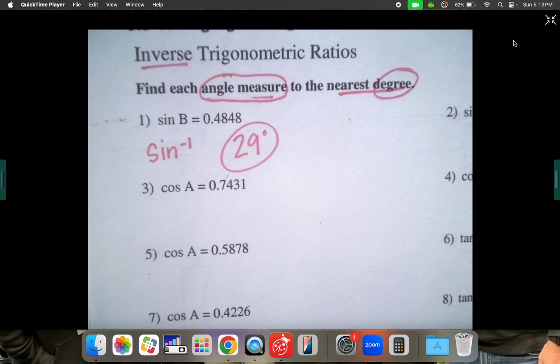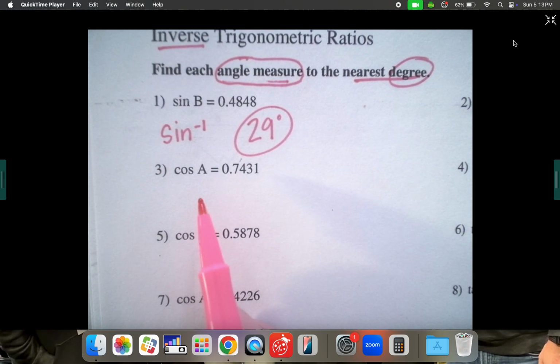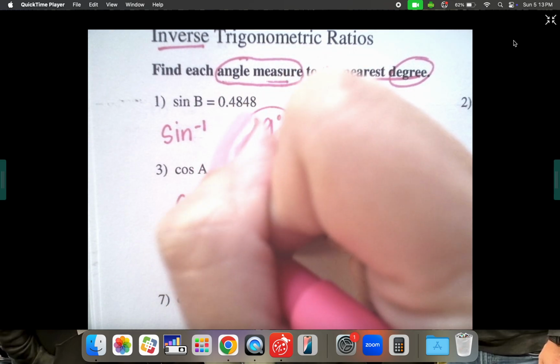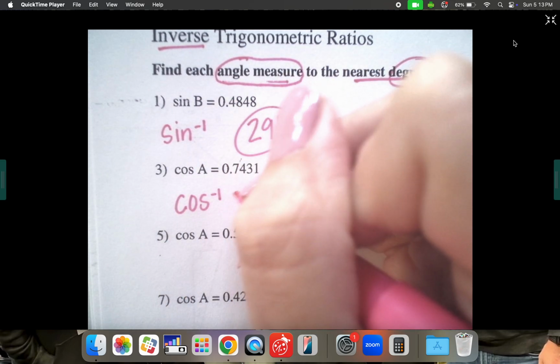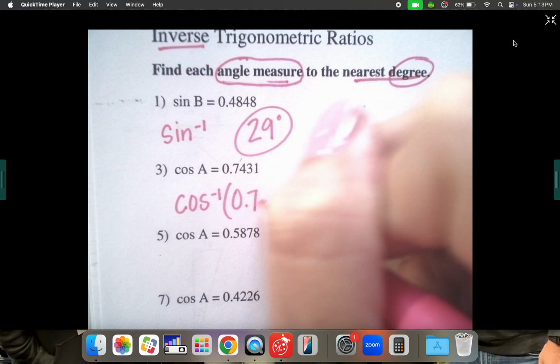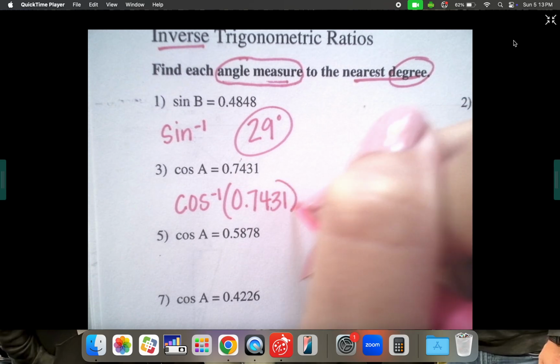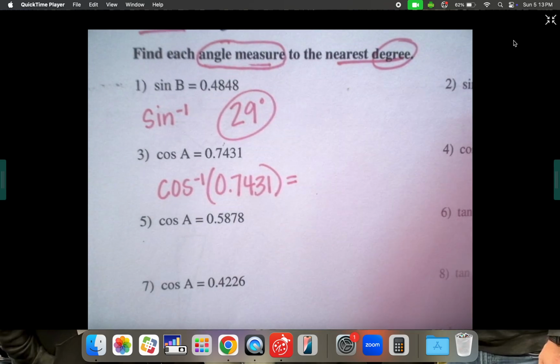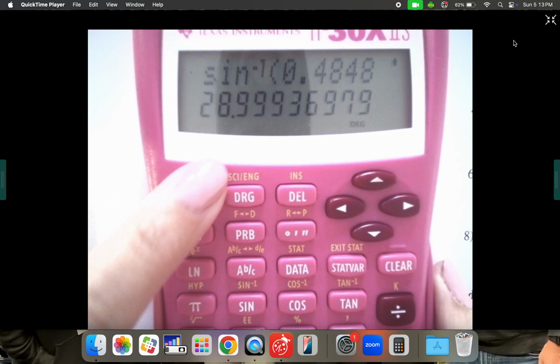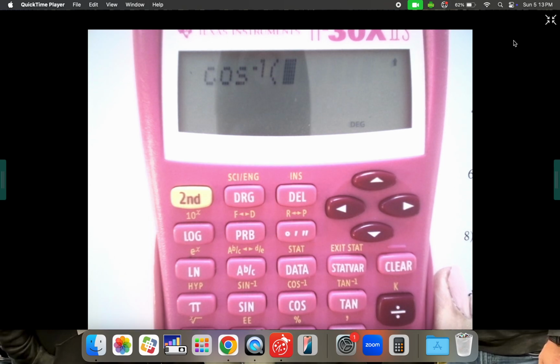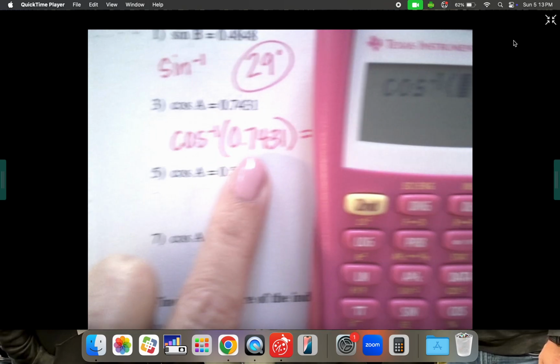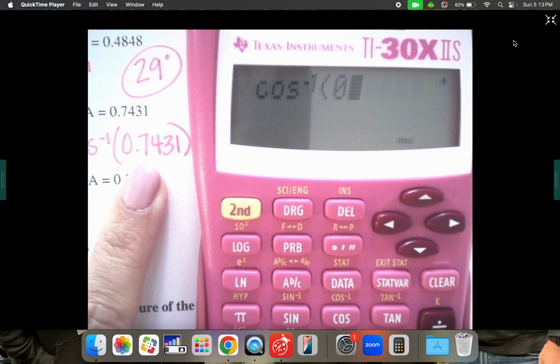Okay, let me do a cosine one with you. Again, we're going to tap cosine inverse, and tap in 0.7431, and then push equals. I have to do second and then cosine to get the inverse cosine, then 0.7431 equals.